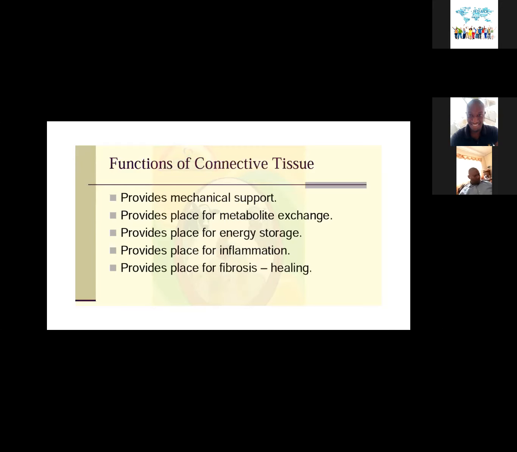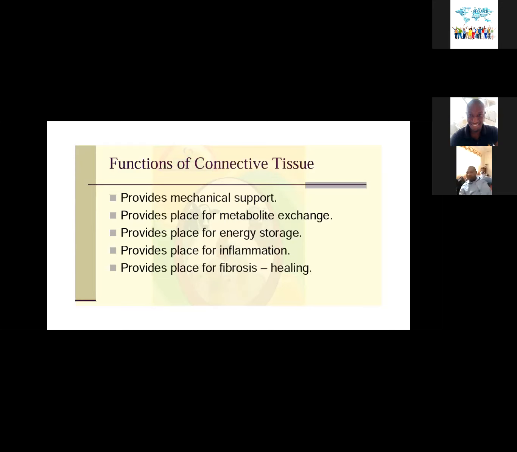It provides a place for energy storage. So your connective tissue can be a form of energy storage. As we talked about in animal nutrition, you've got all your lipids and your adipose tissue storing up when there's too much fat being taken in. This is where all that is stored in the animal, in the connective tissues.